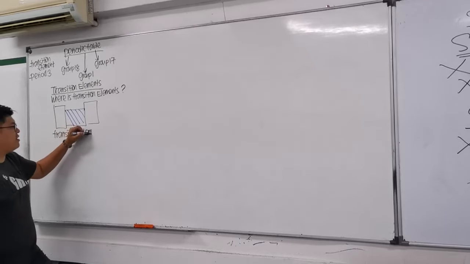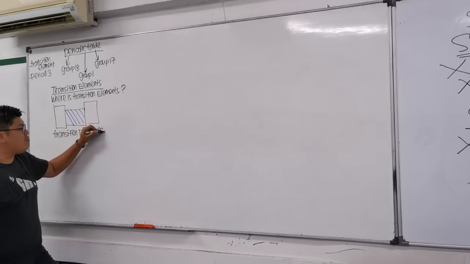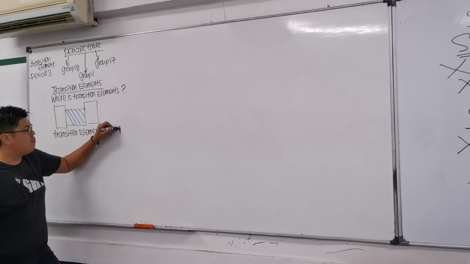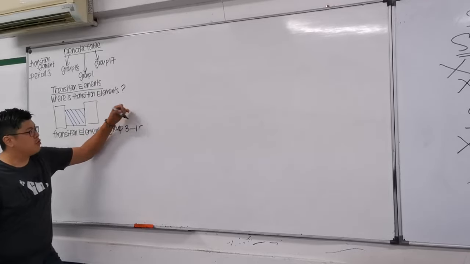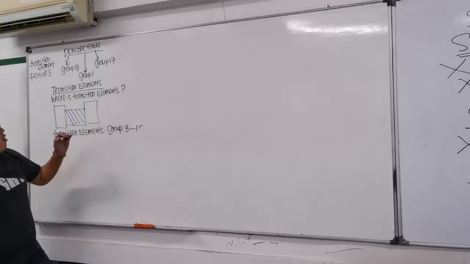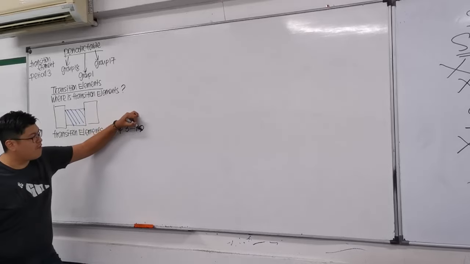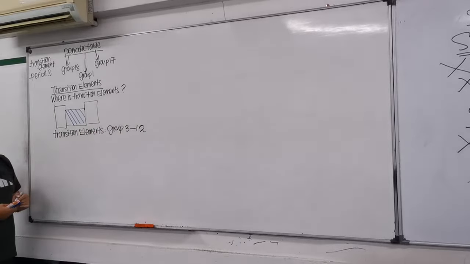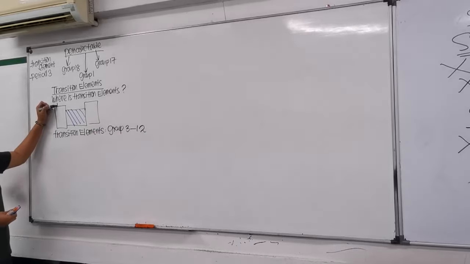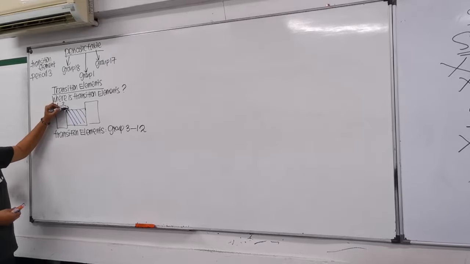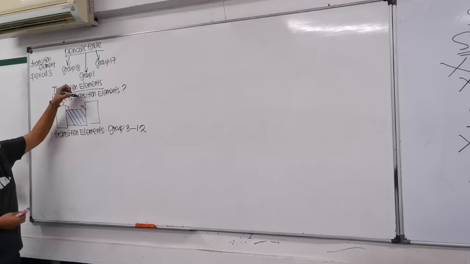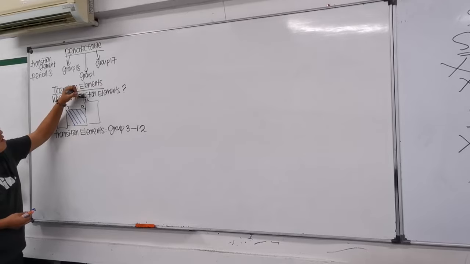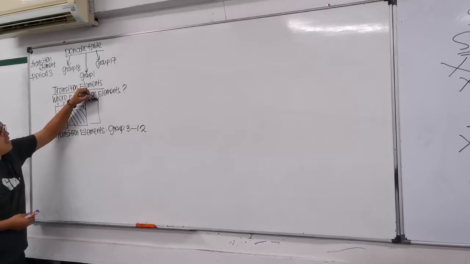Transition elements are everything in between group 3 all the way to group 12. Everything from 3 to 12 is transition elements. This is group 1, this is group 2, 3, 4, 5, 6, 7, and so on. This is 12. Then 13, 14, 15, 16, 17, and 18.